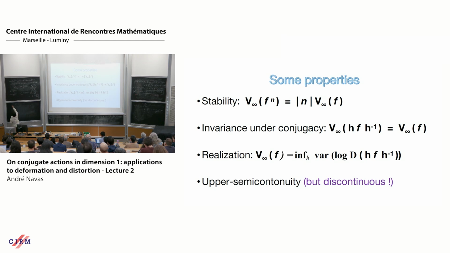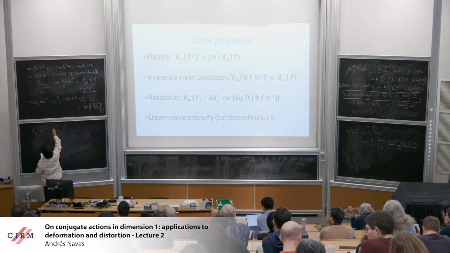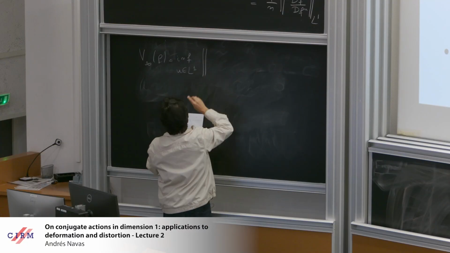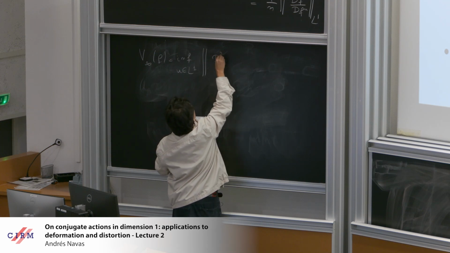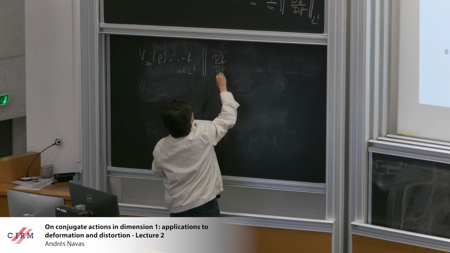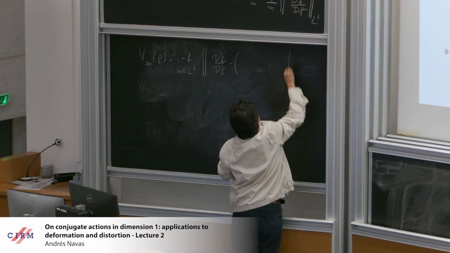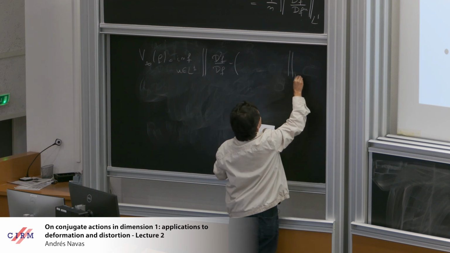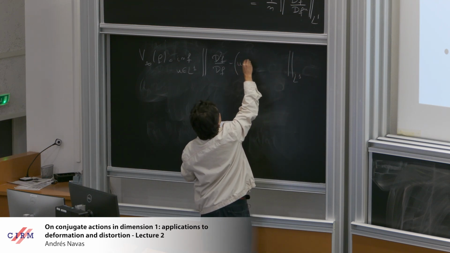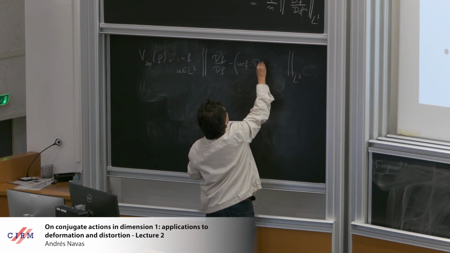So the asymptotic variation of f equals the infimum for u in L1 of the L1 norm of the difference between the affine derivative and the coboundary associated to u, which means u composed with f times df minus u.